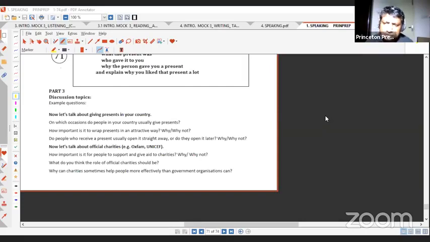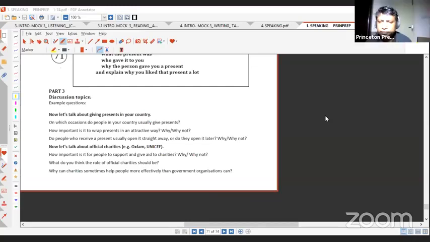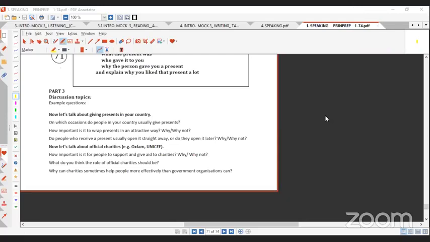That's also a kind of charity, in a religious sense. Not all of us are Muslims, so it's not full charity, but it's a kind of charity for Muslims.